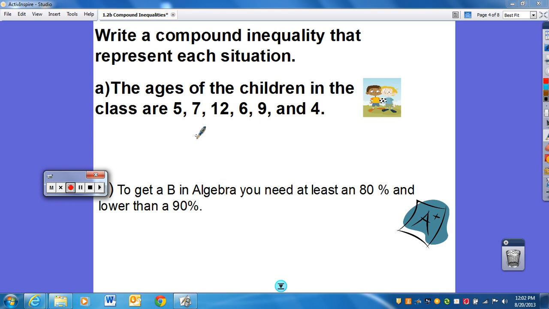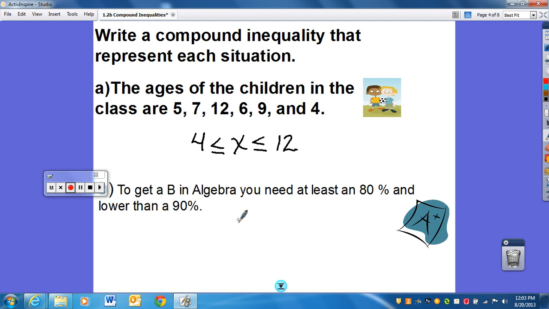So we want to start with our smallest value and show that all of our ages would be between that and our largest value. My ages could be greater than or equal to 4, since it needs to include the number 4, and less than or equal to 12, since it includes the number 12.